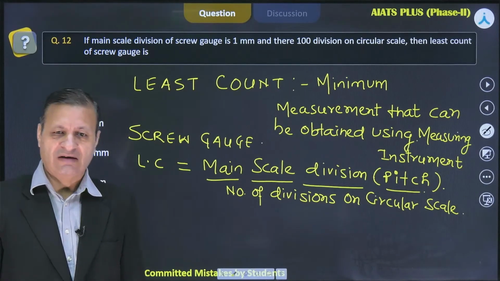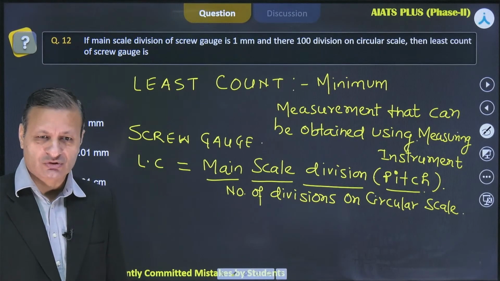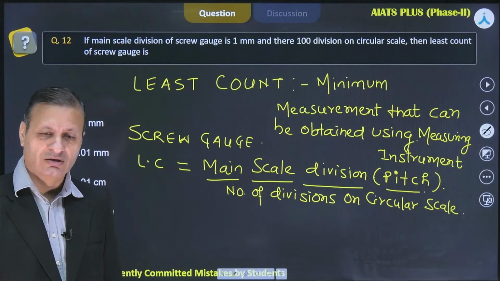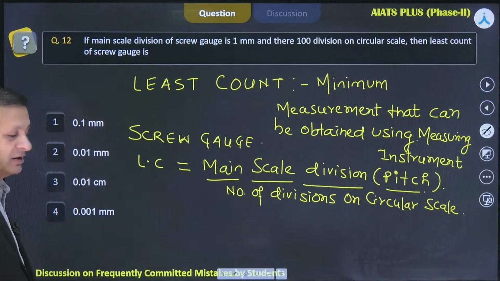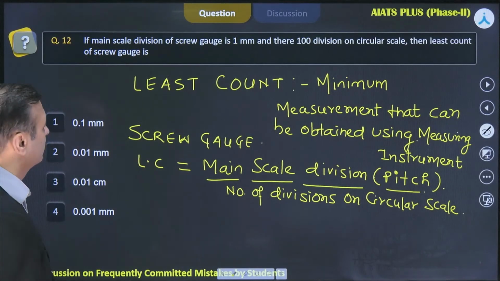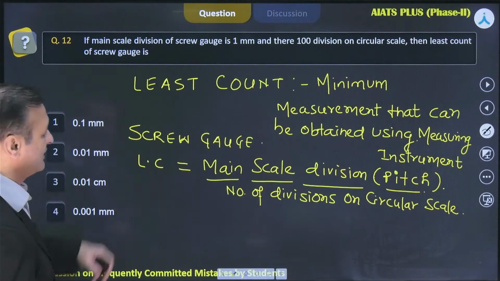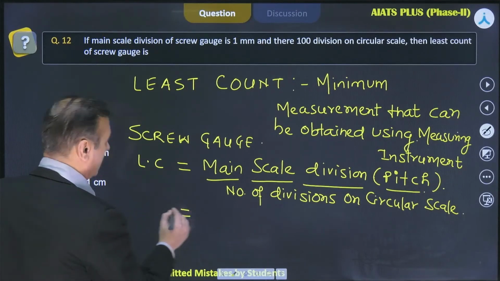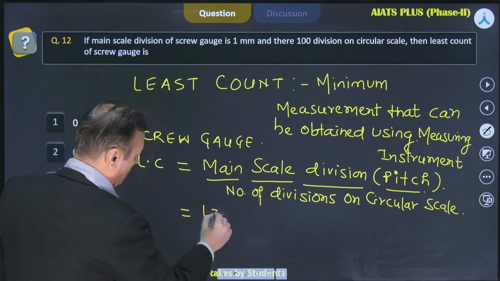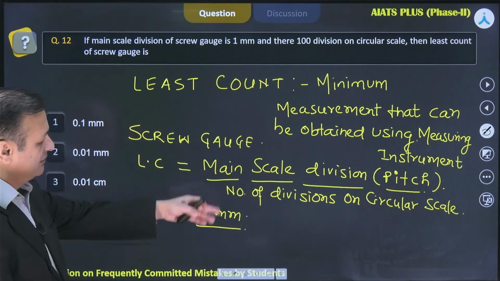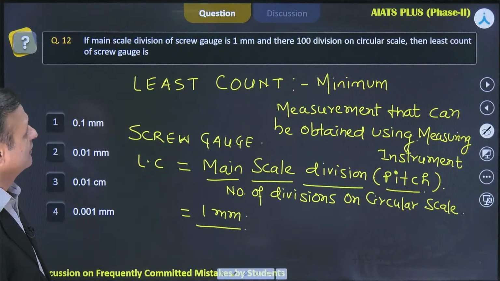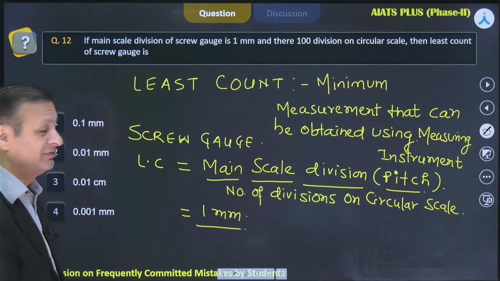We have got an answer from one of the students, Shinchan Nohora: 0.01 mm. Let's verify whether he is right or not. What is the main scale division given to you? It is given as 1 millimeter. And your question says there are 100 divisions on the circular scale.